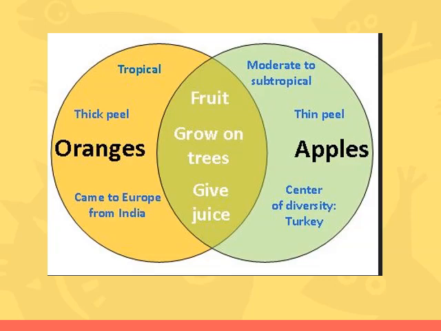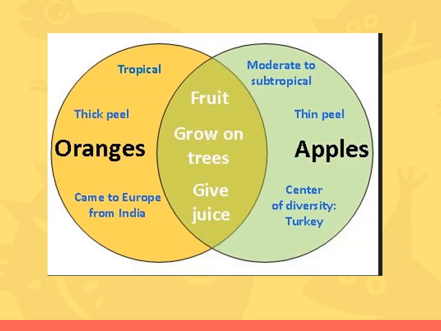The other thing is that oranges are tropical, and apples are moderate to subtropical. So basically oranges are tropical, and that tropical is a region centered on the equator where it's the hottest place on earth, and that's where oranges thrive.